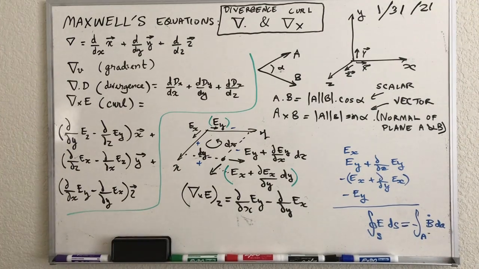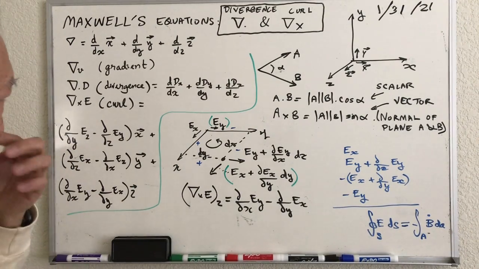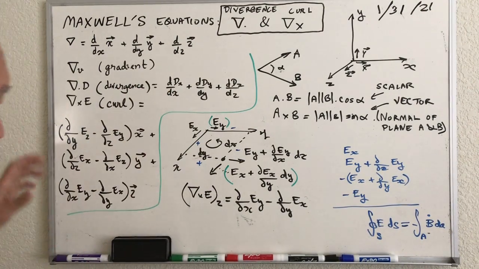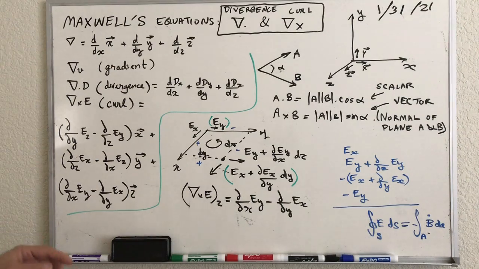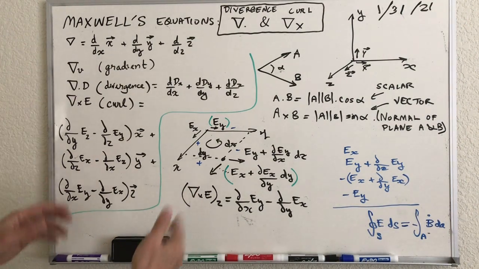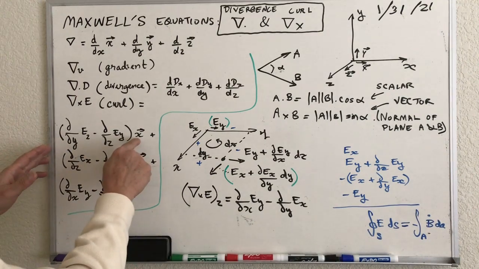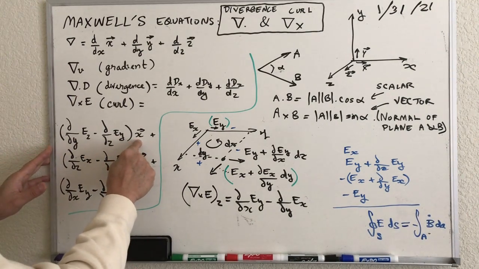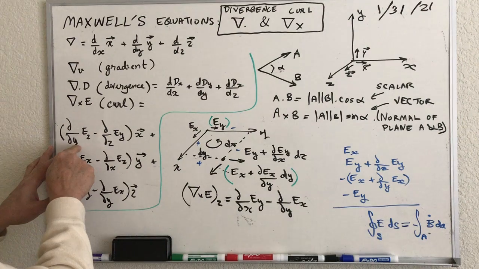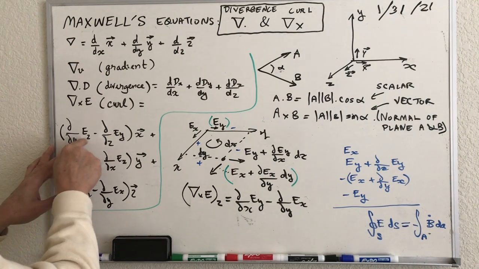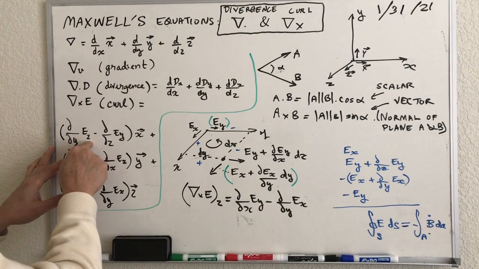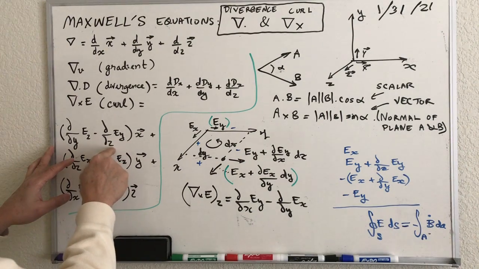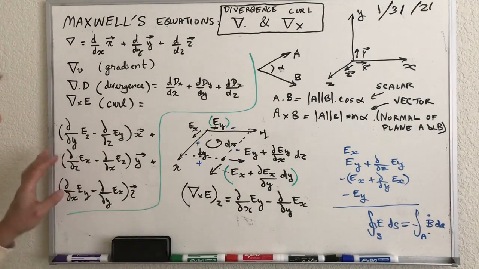So that's the definition of the vector cross, or vector multiplication. It becomes a little bit complicated, but when you write it down a few times, it will become pretty obvious that there's an order for writing it. For the x component, you take the differential with respect to y of the z component minus the differential of the y component with respect to z.